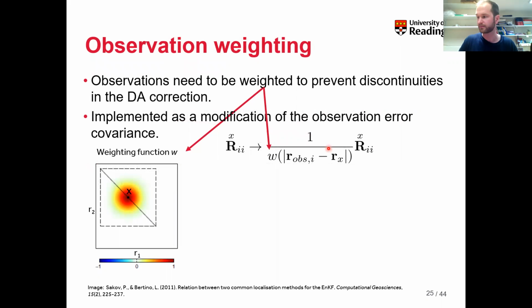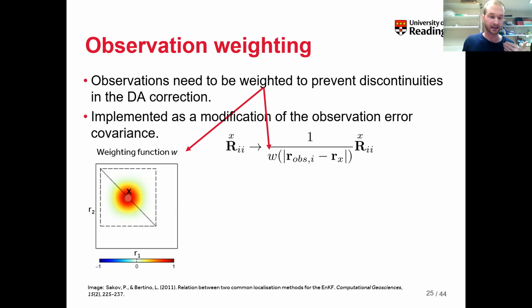The only thing you have to watch out for is that because you use different observations to calculate the correction at each grid point, you might end up with a discontinuity in your correction. And to prevent that from happening, you should weigh your observations. The figure over here shows what the weighting function would look like.